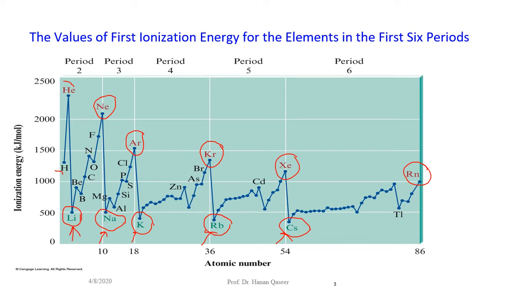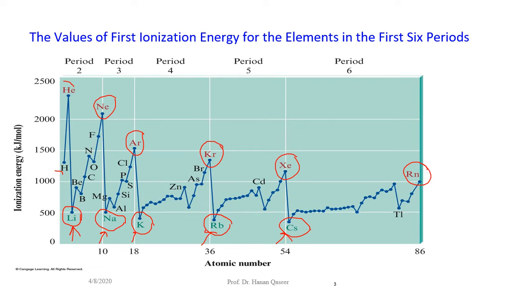At the end of each period, we have a noble gas element, and the noble gas has the highest ionization energy because of its completely filled valence orbitals.